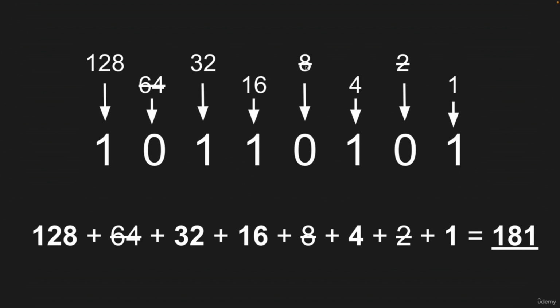This is represented by the strike through. We still count the decimal values that have a 1, so it'd be 128 plus 32 plus 16 plus 4 plus 1. But the values with the 0 do not count in the addition. So we only add the ones with the 1, and we get 181.